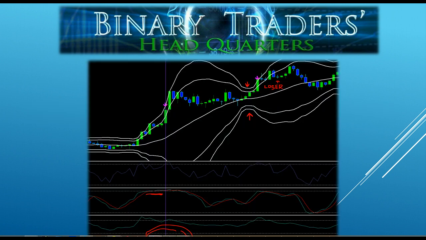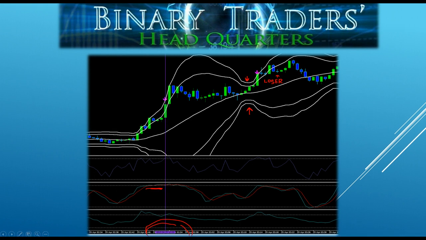And again, we have a little slide here. There we go. You can see I have the line here coming down to the time, 2:53. You've got a purple arrow. What happens? It's totally going against you.